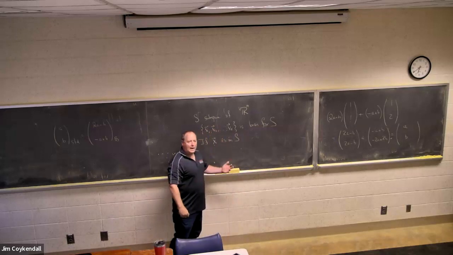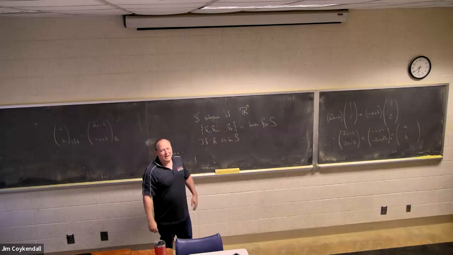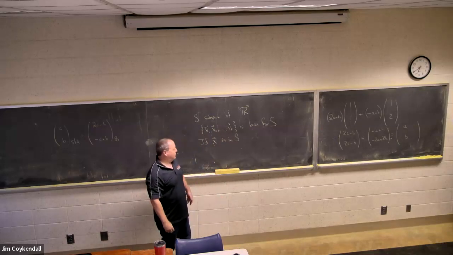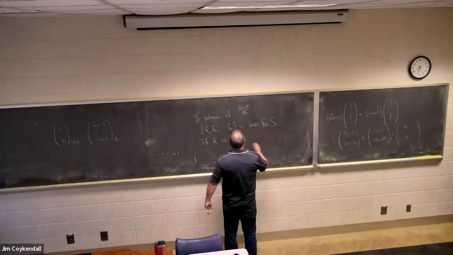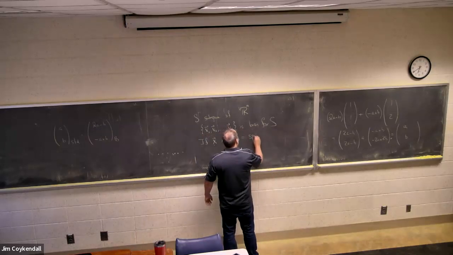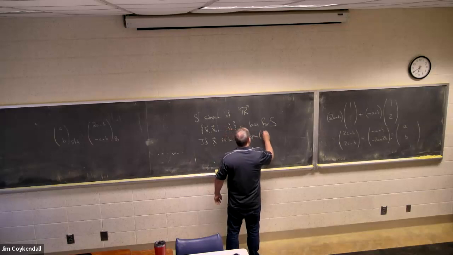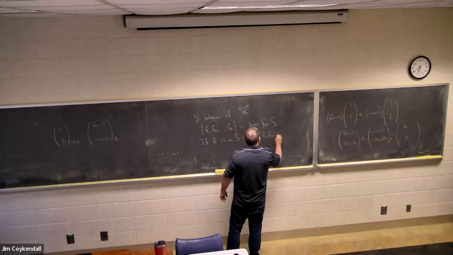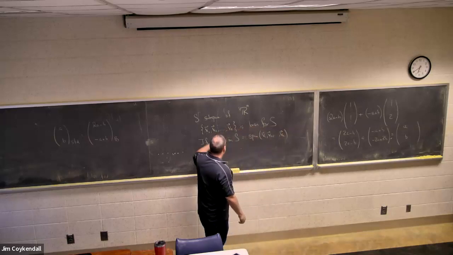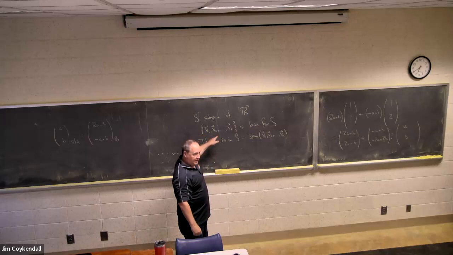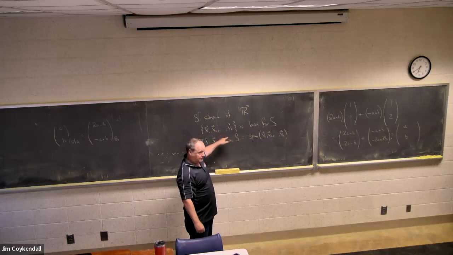And you want to know why it's a linear combination. Don't read too much into this one. This is just kind of a definition problem. x is in S, and S is the span of v1, v2, up to vk. Because what does the basis do? It's linearly independent and it spans.